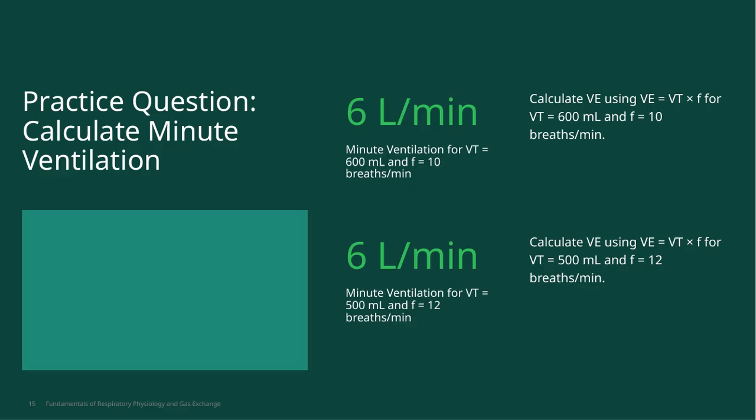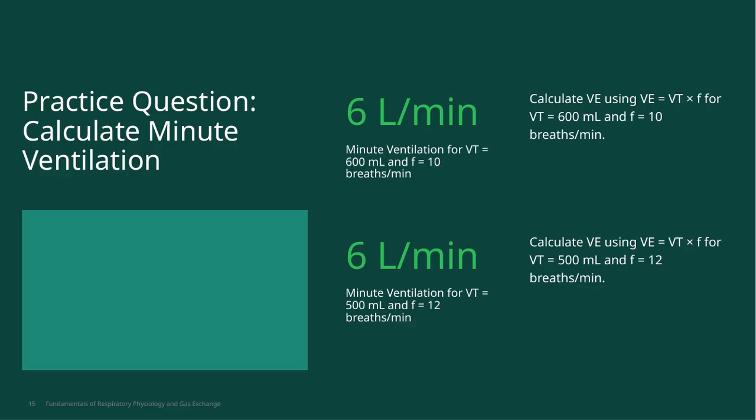Now, let's see what happens if we change the numbers a bit. Suppose the VT is 500 ml and the respiratory rate is 12 breaths per minute. Again, we multiply these, 500 milliliters times 12 breaths per minute. That also results in a VE of 6 liters per minute. This example highlights that different combinations of tidal volume and breathing rate can produce the same minute ventilation.